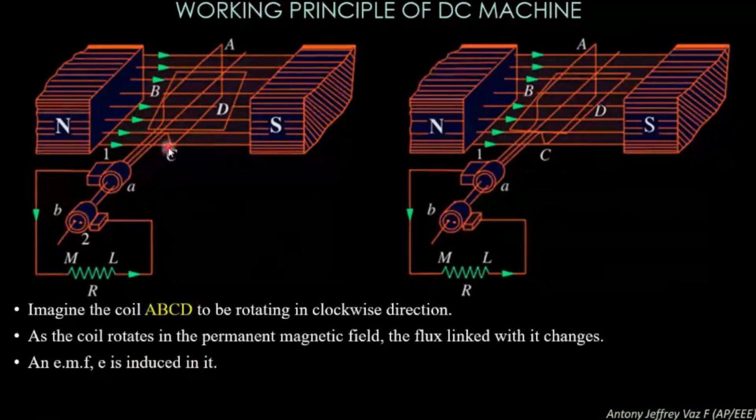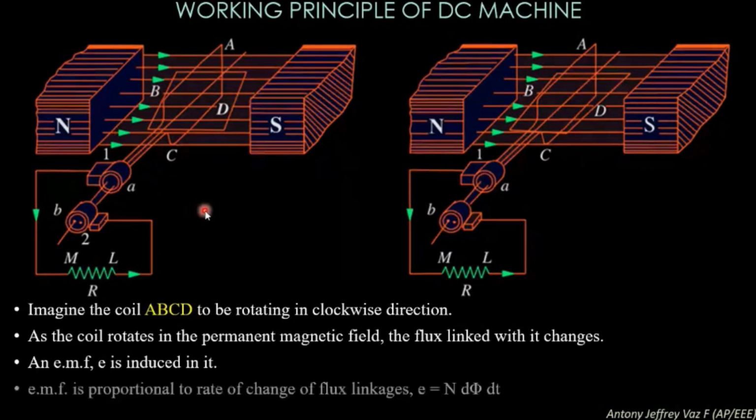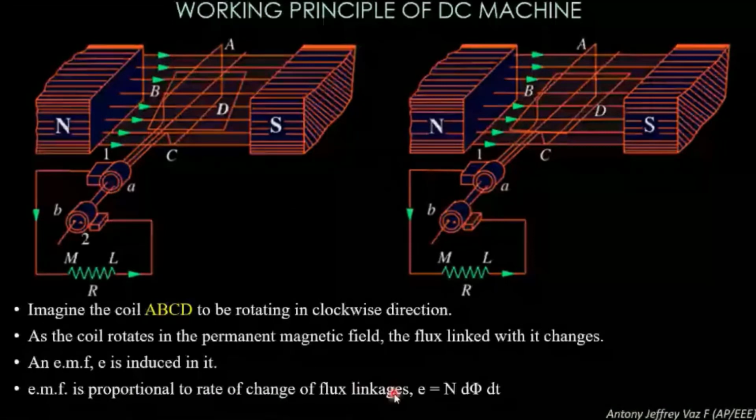According to Faraday's law, in this coil an EMF is induced. This induced EMF is proportional to the rate of change of flux linkage.